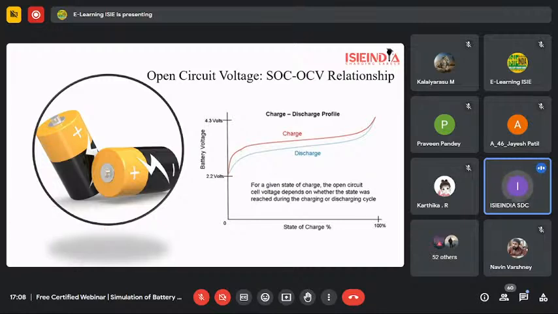This one is about charging. When we connect the power source to the battery pack, the battery percentage, or SOC, increases. When we start charging from 0% till 100%, the voltage of this battery pack reaches near 4.3 volts.